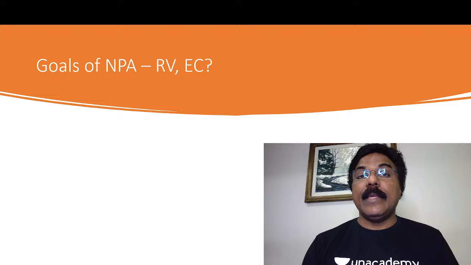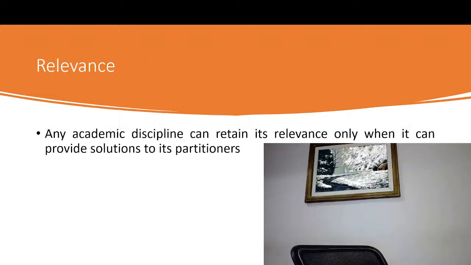What is the relevance? Any academic discipline can retain its relevance only when it can provide solutions to its practitioners. Sorry, the spelling is wrong again. So what they were saying is that the curriculum is outdated.